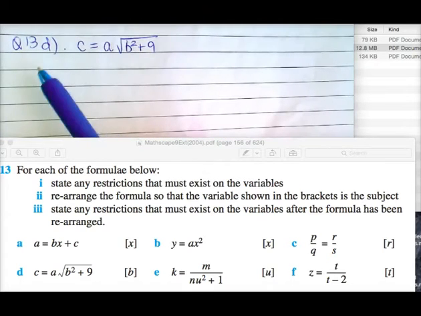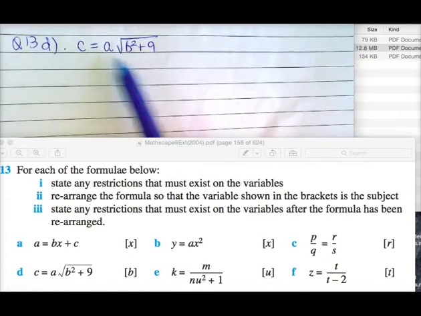So girls, question 13D, c equals a times the square root of b squared plus 9. It says for that formula, state any restrictions that must exist on the variables, rearrange the formula so that the variable shown in the brackets is the subject, and then state any restrictions that must exist on the variables after the formula has been rearranged.